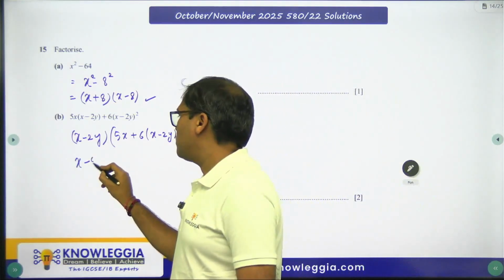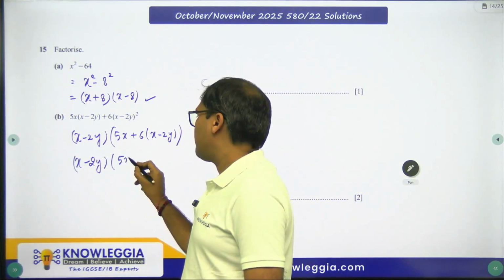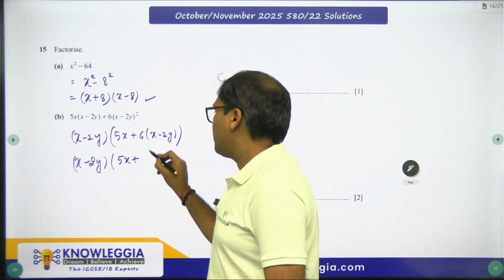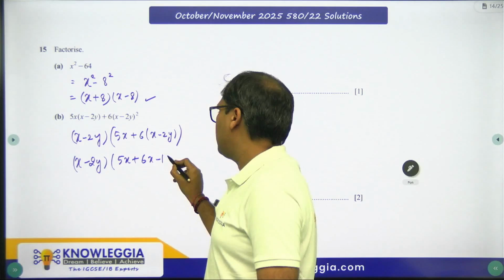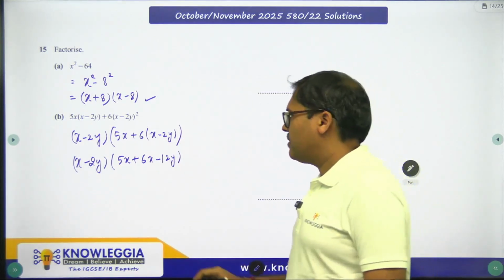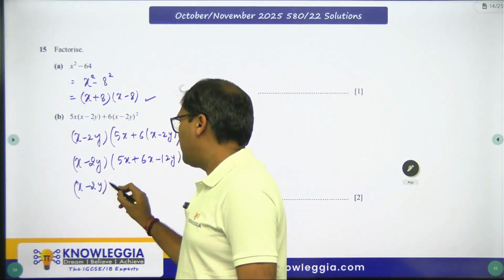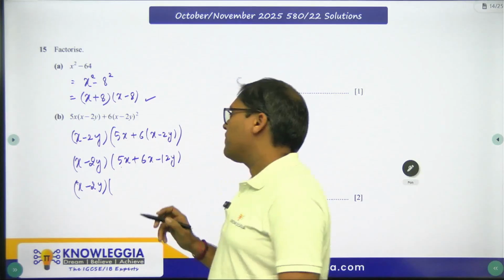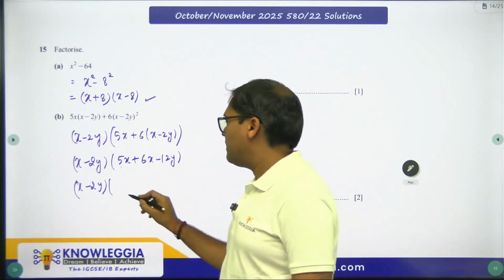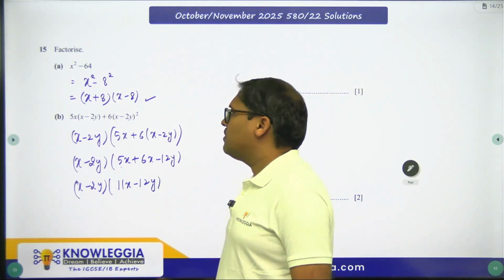This is x minus 2y multiplied with, if I solve this, this is 5x, this is 6x minus 12y. Just opening the bracket, expanding the brackets. Now what is this? This is x minus 2y into, now what is this? 6x plus 5x, which is 11x minus 12y. So this is the answer for this question.